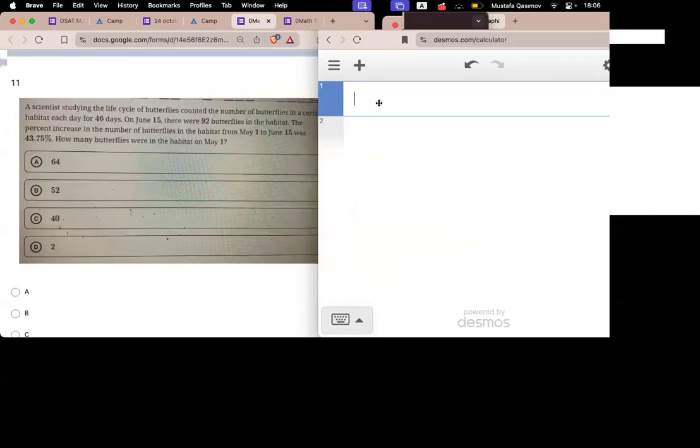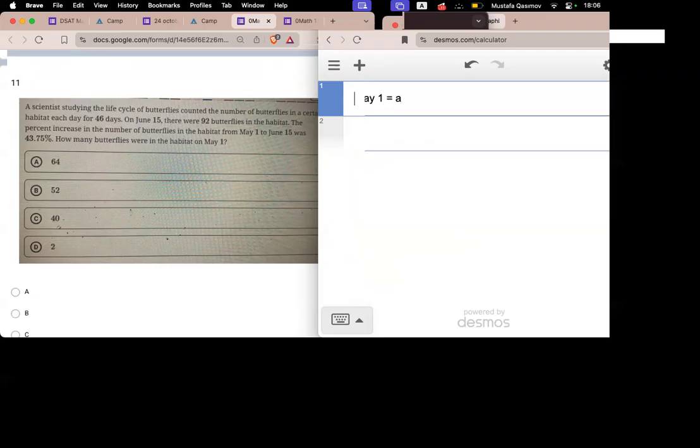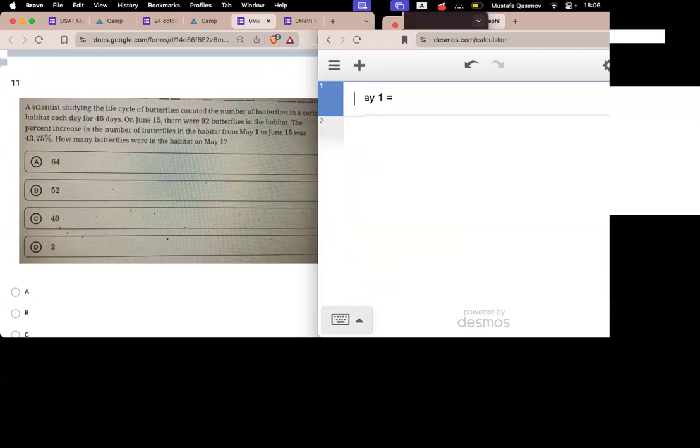11. For 11 is say the percent increase from May 1 to June 15 is 43.75%. Here we can say it like that. Let's say May 1 is equal to M, or A, or M olsun karışmasın.